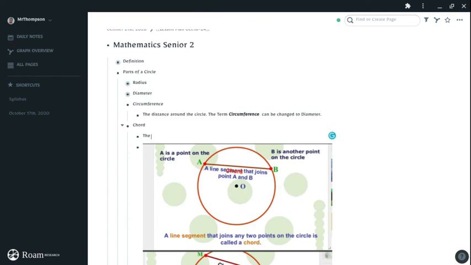Are you guys there? Yes, sir. So we said 2 points. They combine now to make sectors because they pass through the center. But when it does not pass through the center and you just touch 2 points, that's called a segment. And that's a chord.